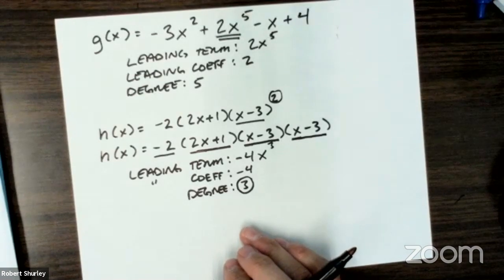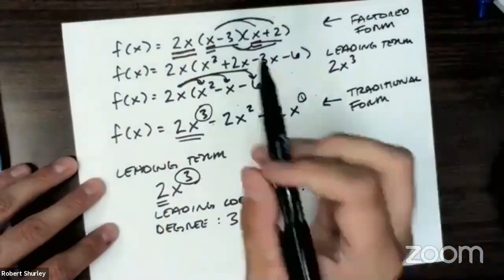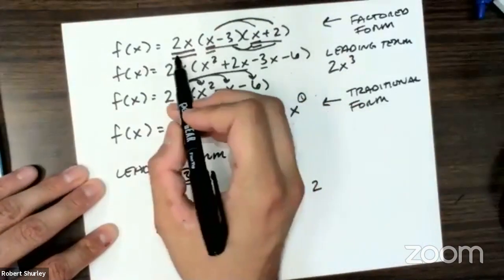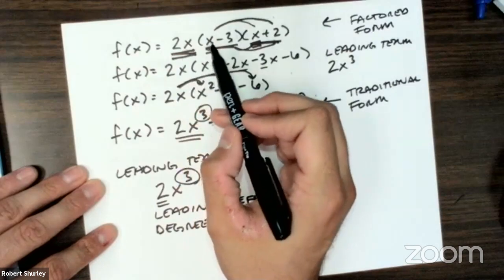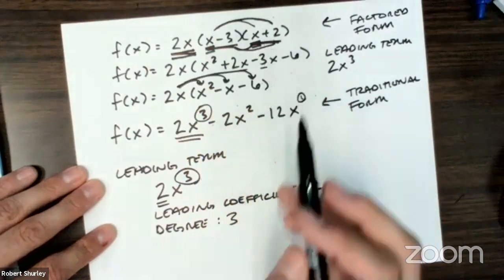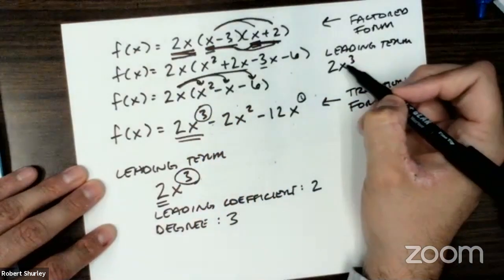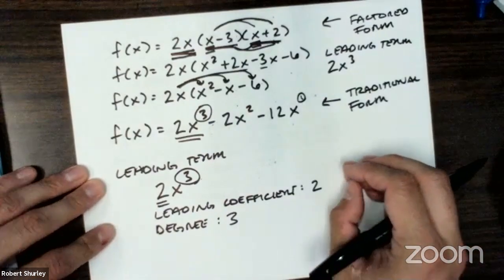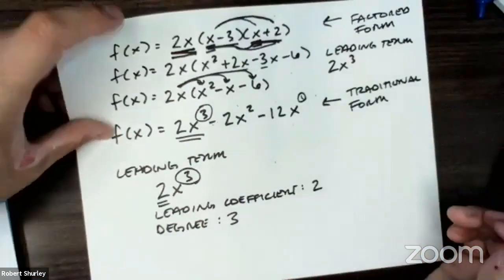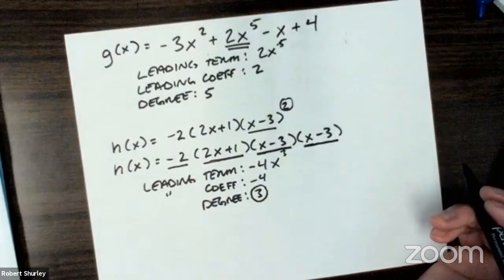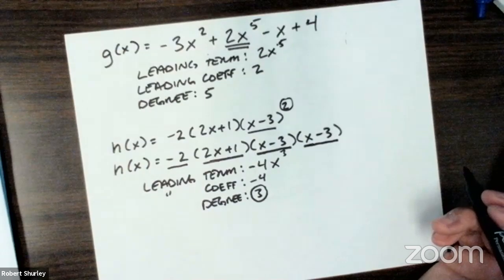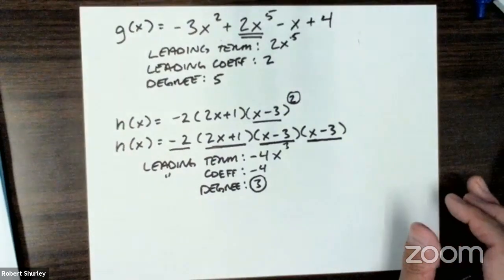Like if we go back to the previous example, when we're in factored form up here, we have 3 factors that contain an x, 2x, x minus 3, and x plus 2. And our degree wound up being 3. That's not a coincidence, okay? Your degree and number of factors with an x will be the same, okay? They'll be the same.